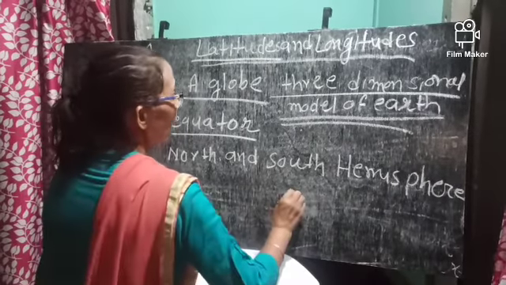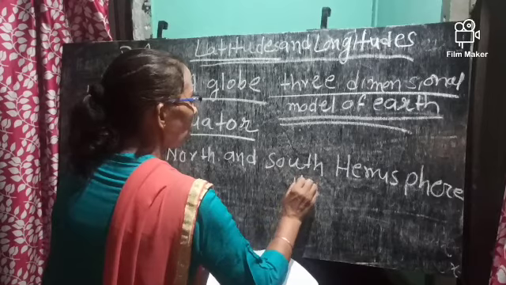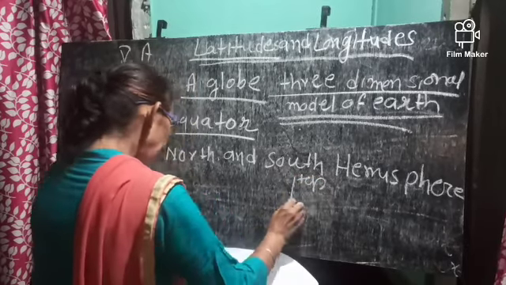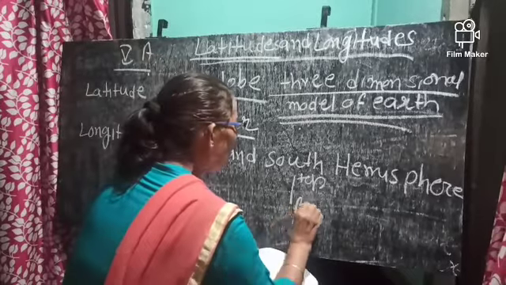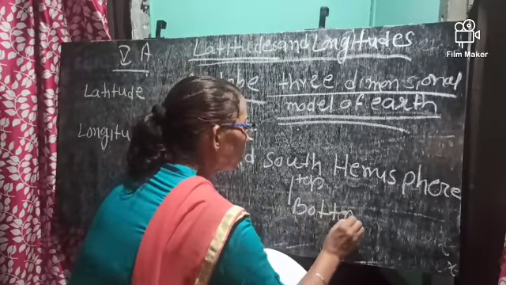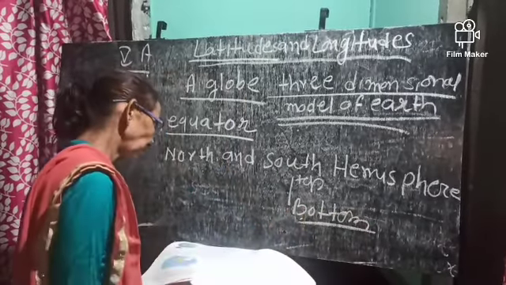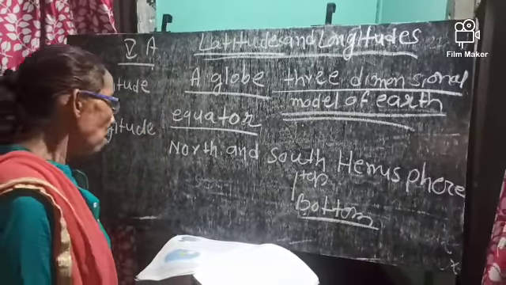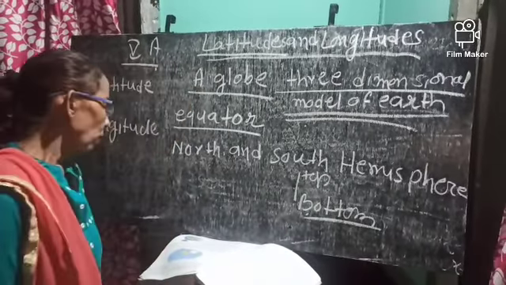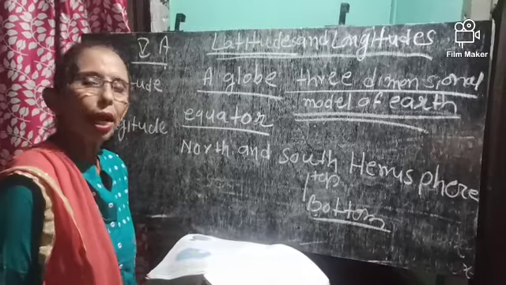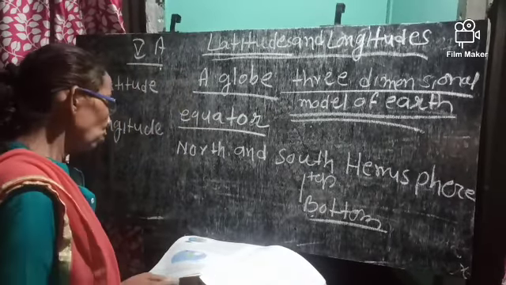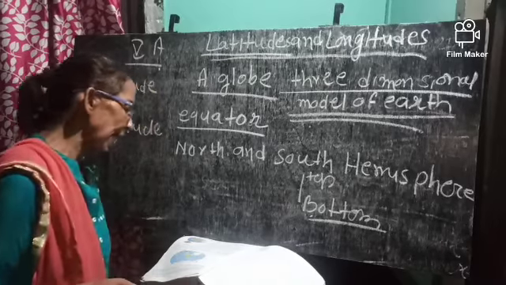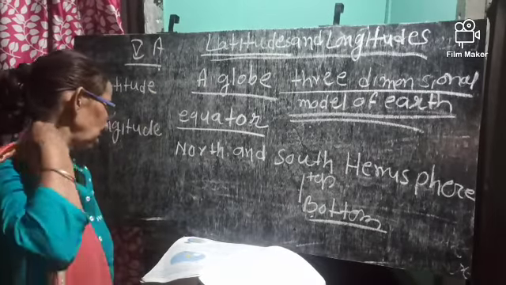One at the top and another at the bottom. The top one is called the North Pole and the bottom one is called the South Pole. The axis is not vertical but it is tilted at an angle.